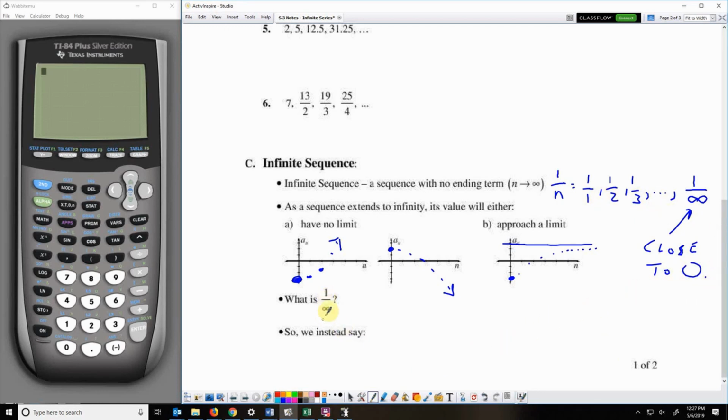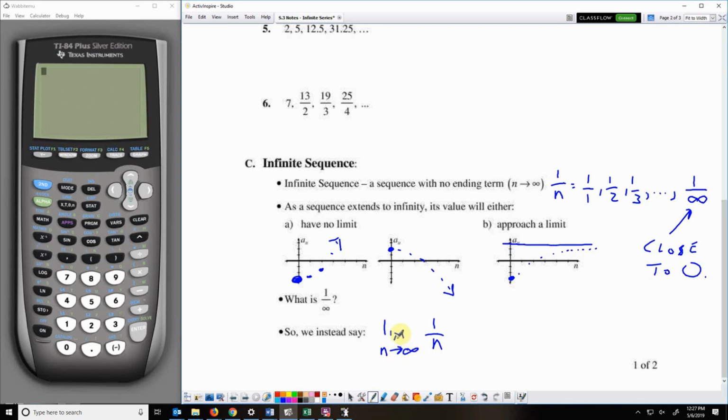So what is 1 over infinity? Well, it's really nothing. It's really close to 0, but it's not actually 0. So instead of 1 over infinity, we say this: a limit as n, the term number, approaches infinity. As that term number gets larger and larger, we'll use that same sequence, 1 over n.